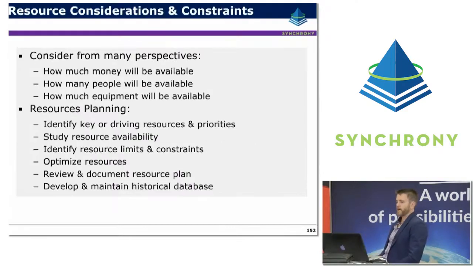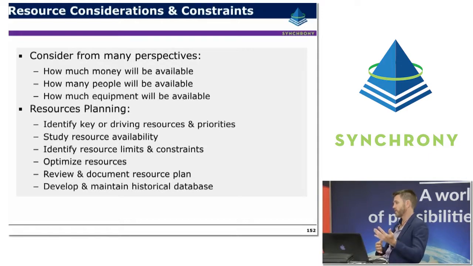So resource considerations and constraints. They should be considered from a number of perspectives. So how much money will be available versus how much money is required. How many people will be available versus how much is required. How much equipment will be available compared to what's required.